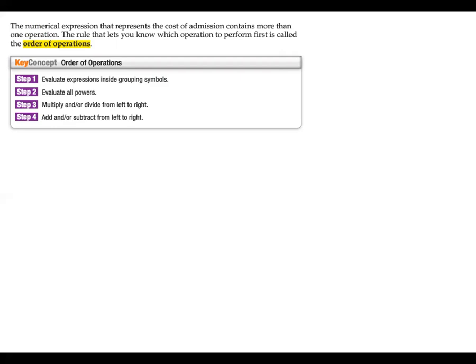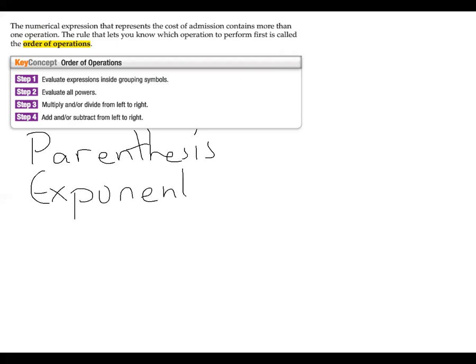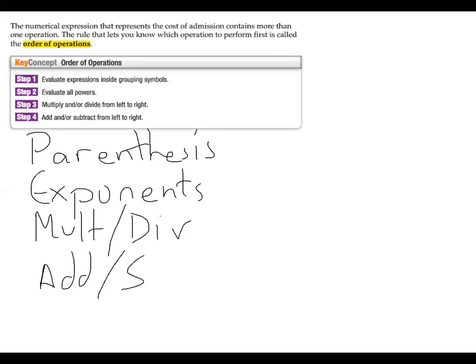Then you evaluate all powers or the exponents. Then you multiply or divide left to right. And then you add or subtract from left to right. So an easy way to remember this is parentheses, exponents, multiplication and division, and addition and subtraction.